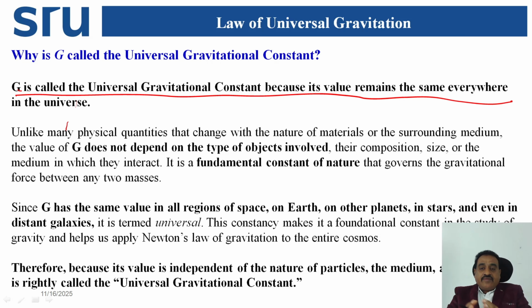This constancy makes it a foundational constant in the study of gravity and helps us apply Newton's law of gravitation to the entire cosmos. Therefore, because its value is independent of the nature of particles, the medium, and location, G is rightly called the universal gravitational constant.